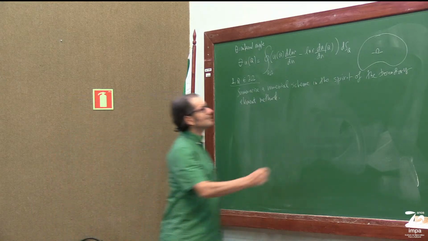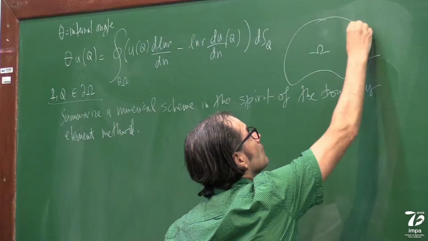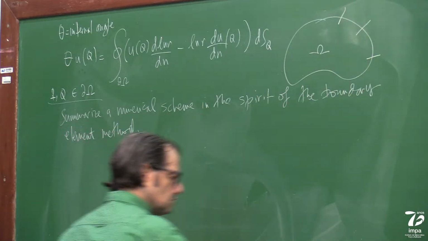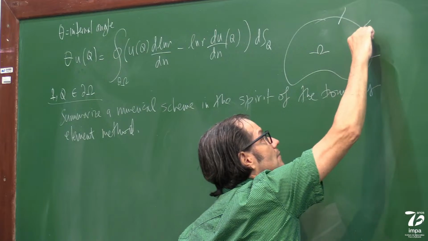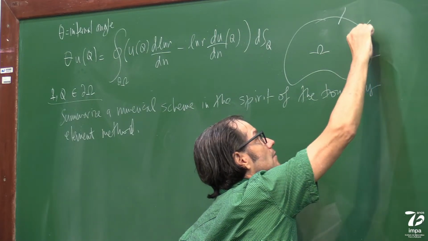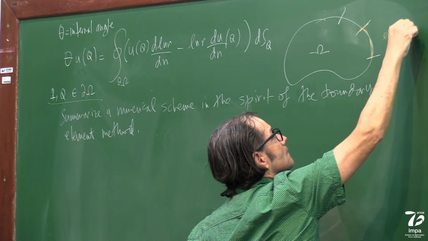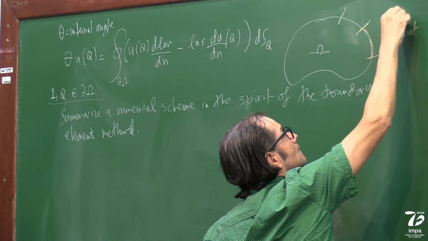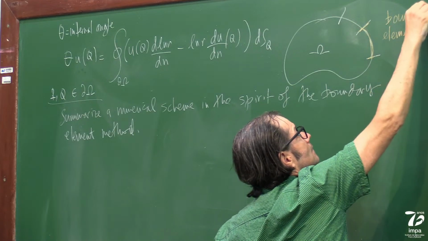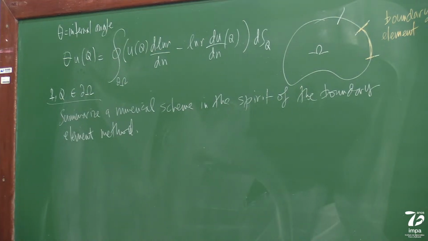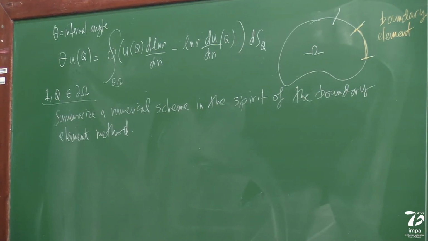All right, so we're going to divide our domain. This region here is basically my boundary element, just like in finite elements, where usually it's a little rectangle if you're doing 2D, and you can do it in 3D too.